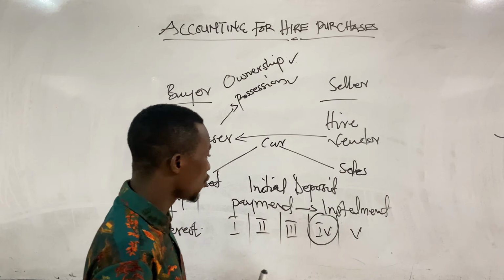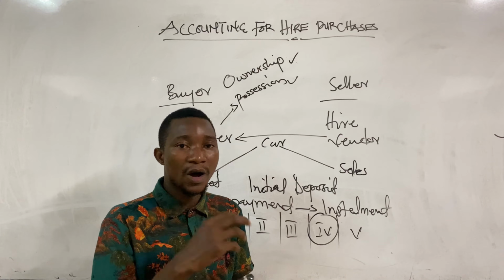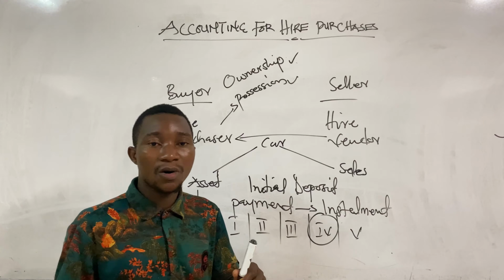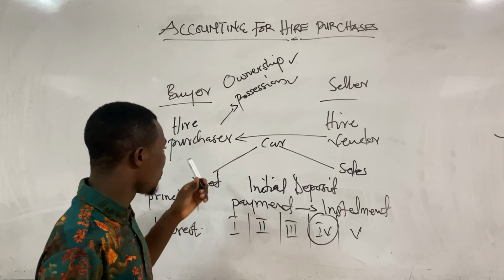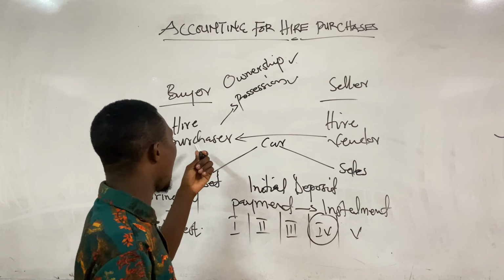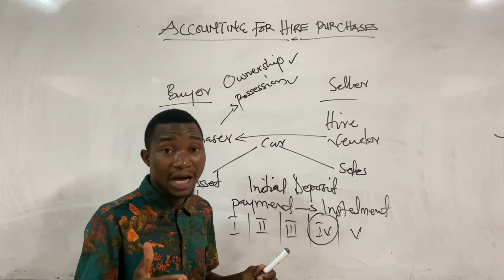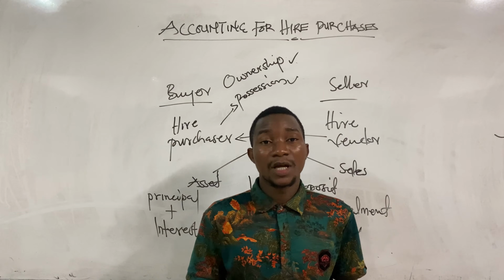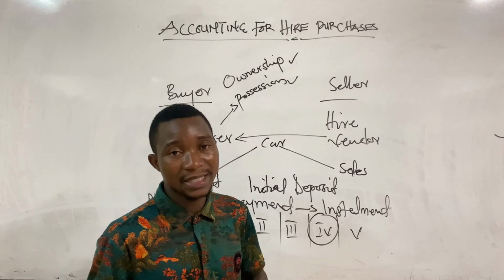When the hire vendor seizes the item, there will be no refund of money to the hire purchaser. According to the law, it is assumed that the installment payments the hire purchaser has made to the hire vendor were for rental purposes, or have been taken as rental. So basically these are the basic concepts of the hire purchases contract.